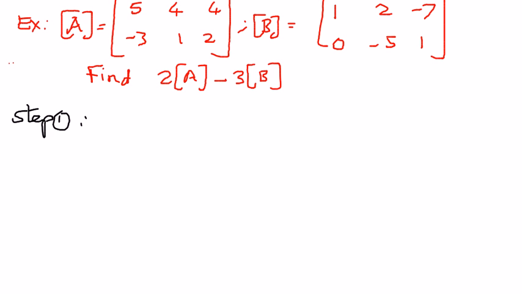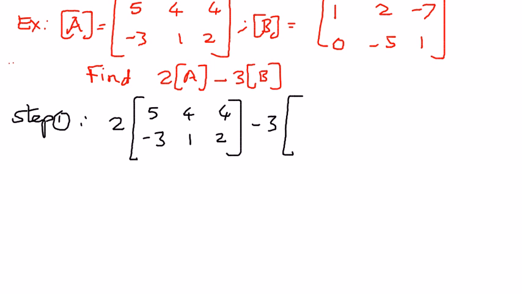We're going to write this one out. 2 times matrix A is 5, 4, 4, -3, 1, 2. And then the second matrix is -3 times 1, 2, -7, 0, -5, 1.